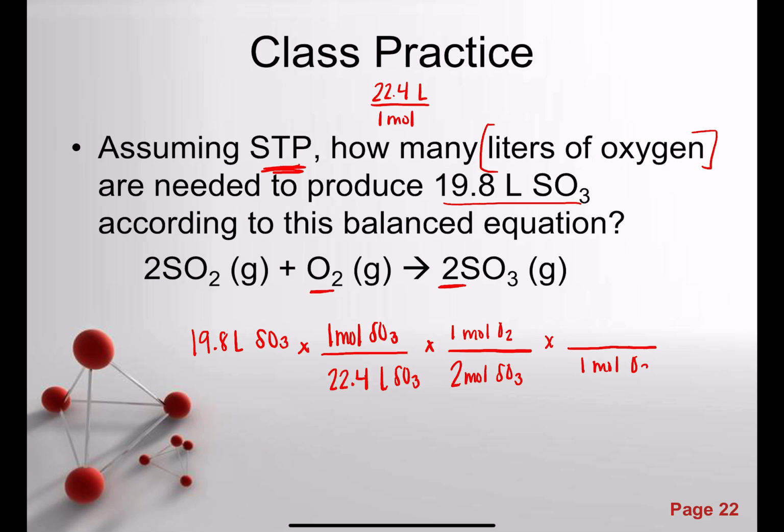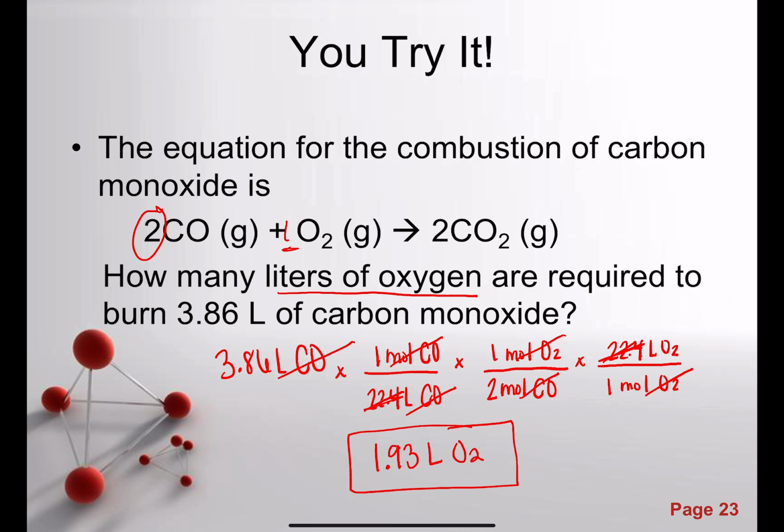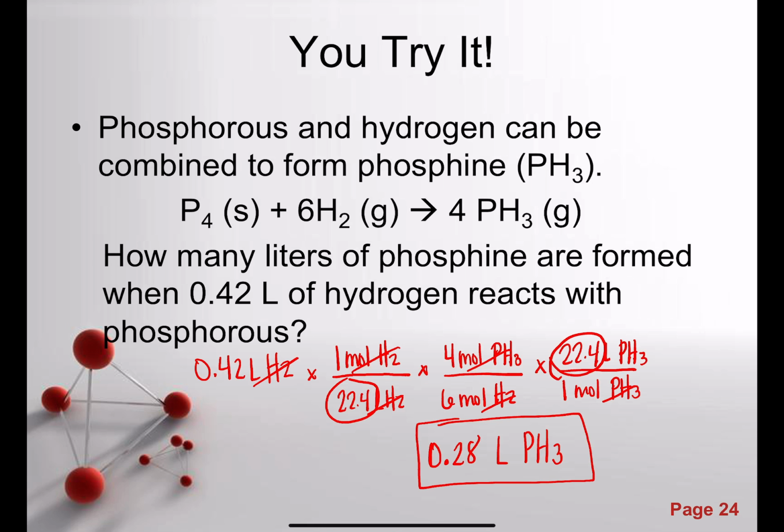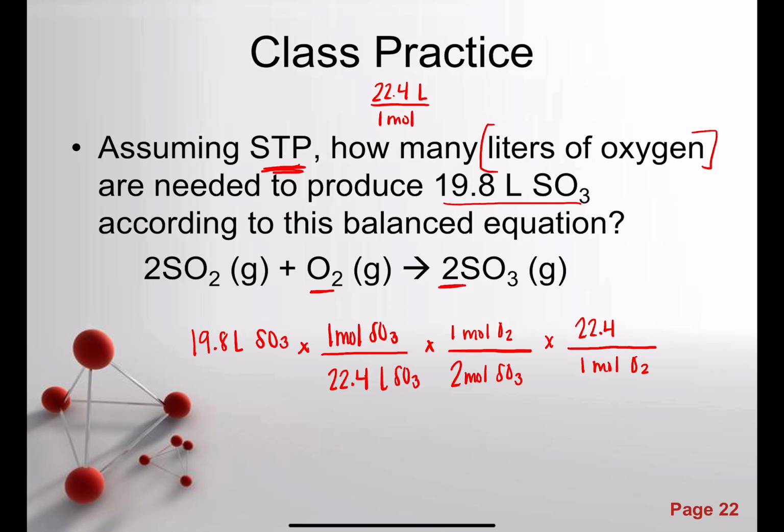So in 1 mole of oxygen, there are 22.4 liters of oxygen. And I want to make sure that I've done this correctly, so I'm going to mark out units to check. Please, please, please do this step. So it looks like I'm left with liters of oxygen, which is what I want.